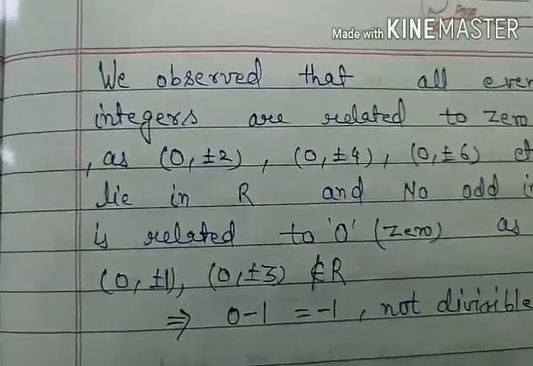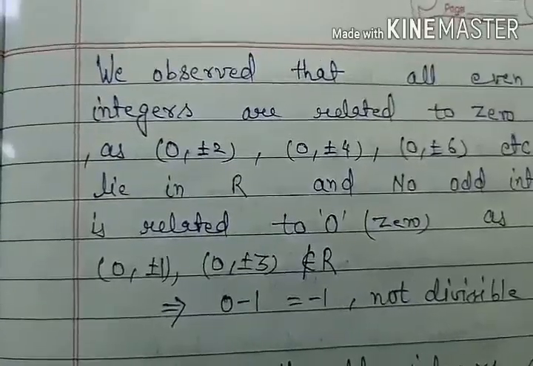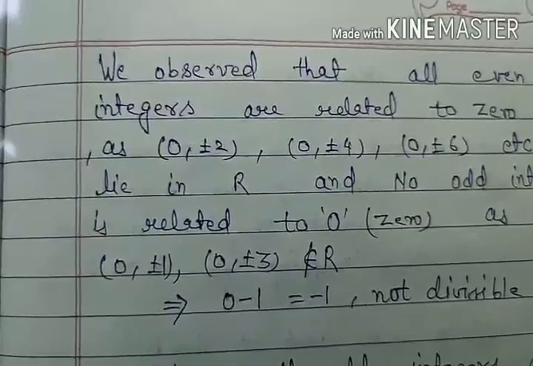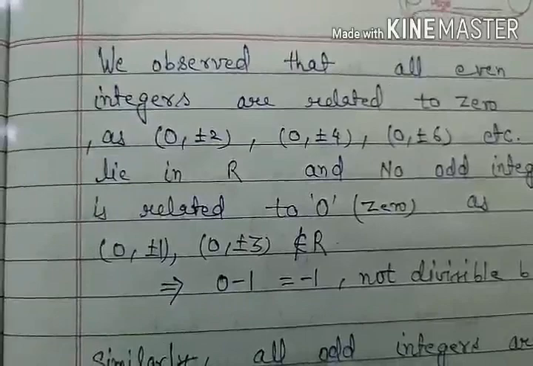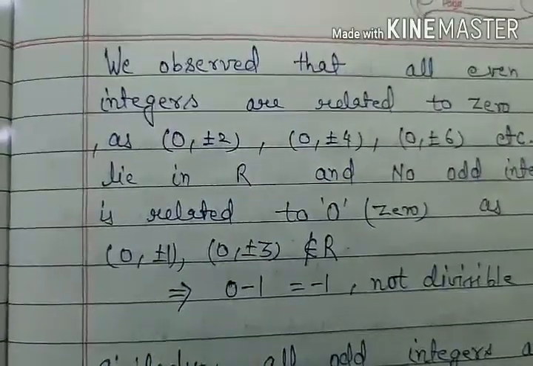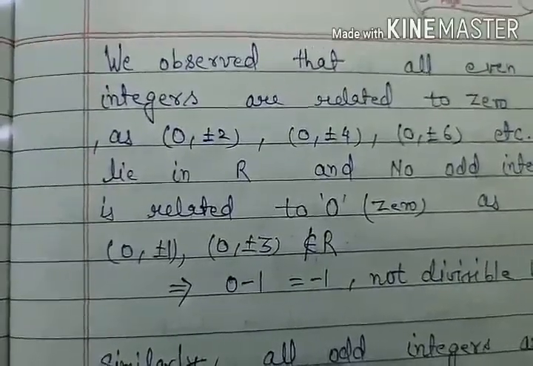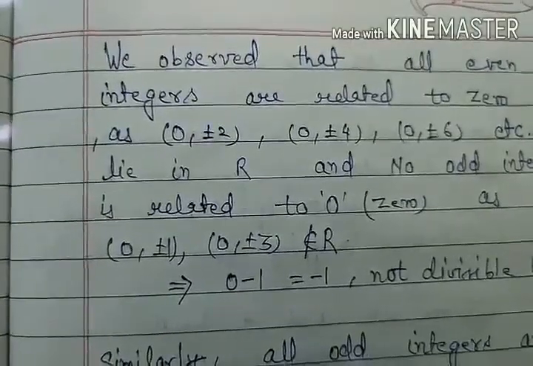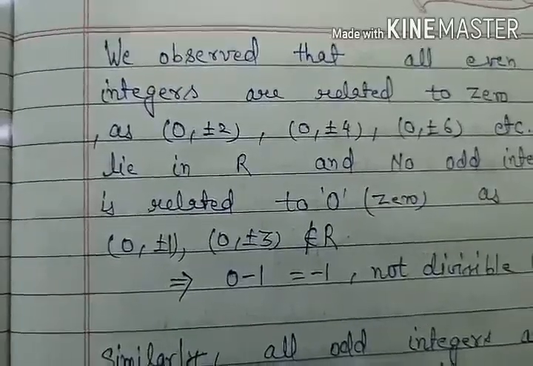Here we observed that all even integers are related to 0, as (0, ±2), (0, ±4), (0, ±6), etc. lie in R, as 0 − 2 or 0 + 2 will definitely be divisible by 2. Similarly, 0 + 4 or 0 − 4 will also be divisible by 2.